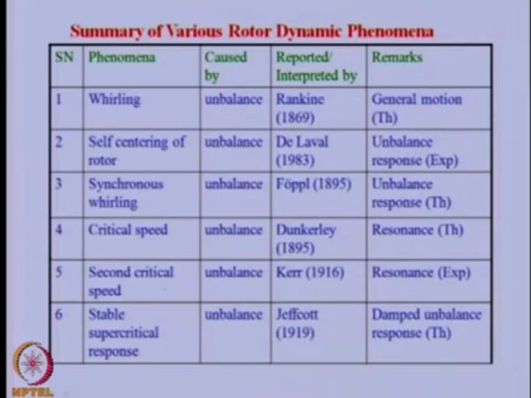Second critical speed was observed by Kerr in 1916 in his experimental setup. A stable supercritical response was first analyzed by Jeffcott, and based on his analysis, a particular rotor model became available to the rotor dynamics community, and he described the damped unbalanced response of the rotor after the critical speed also.